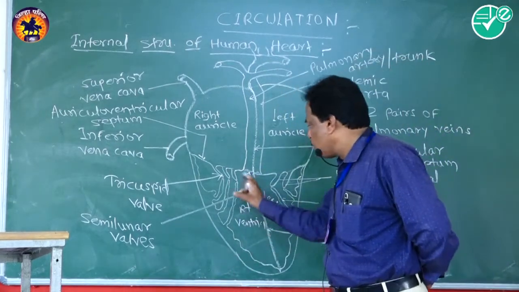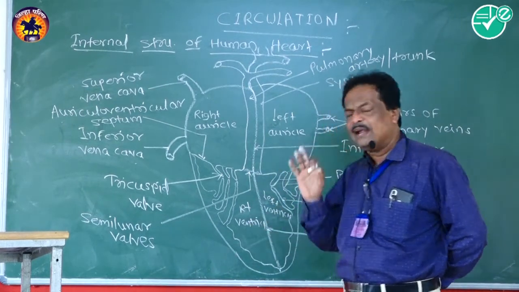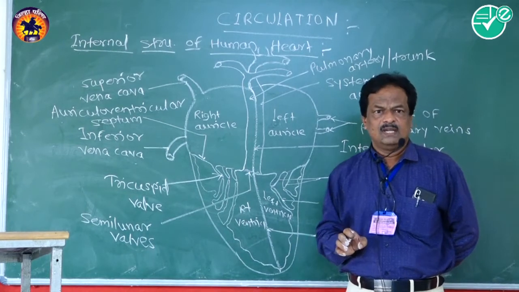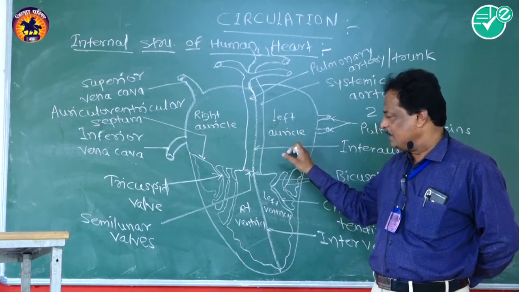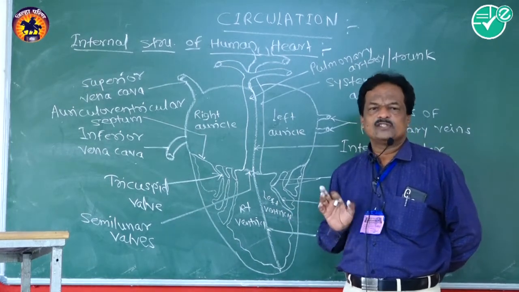That's why the chambers of the ventricles, that is the right ventricle and left ventricle, are known as propelling chambers. The auricles are called receiving chambers, just like ventricles are known as propelling chambers.